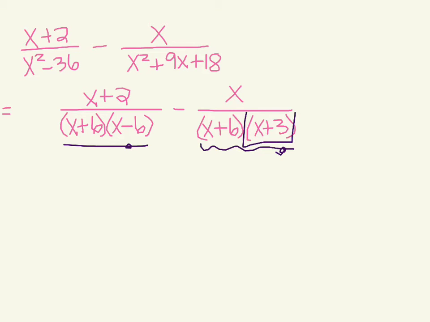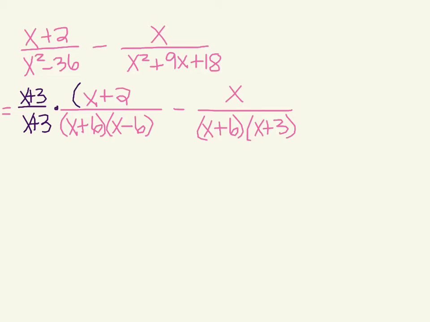And the answer to that is the x plus 3. So since that is missing, I'm going to go ahead and multiply my first fraction by x plus 3 over x plus 3. And then just to play it safe, I'm going to make sure I put all of my parentheses so that in my next step I don't make any errors.